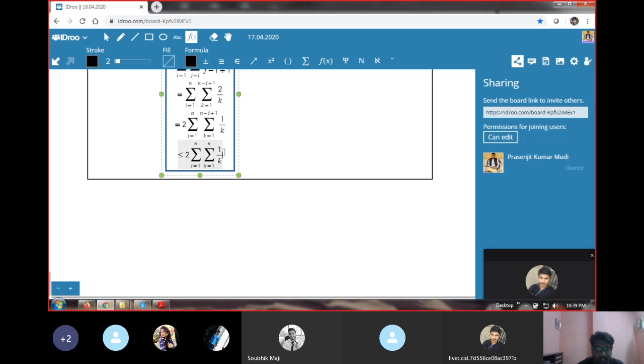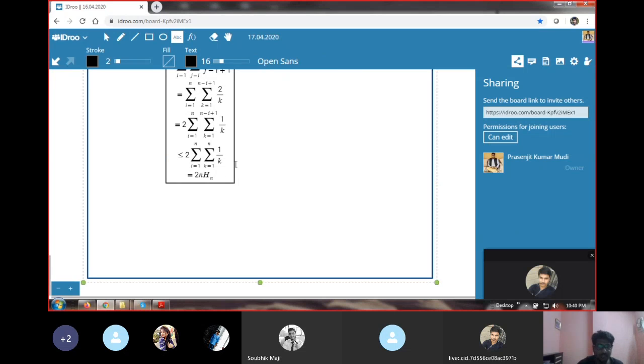In the next line, this summation expression is actually Hn, the very standard form. This expression is provable, so no problem, you can see some reference.